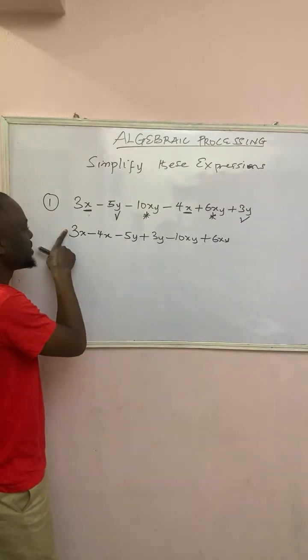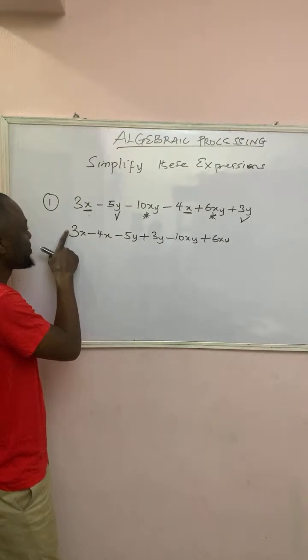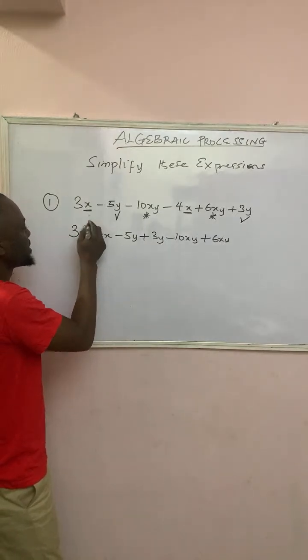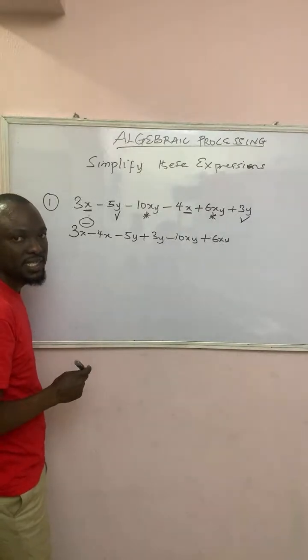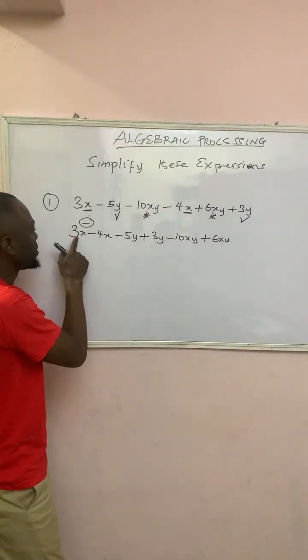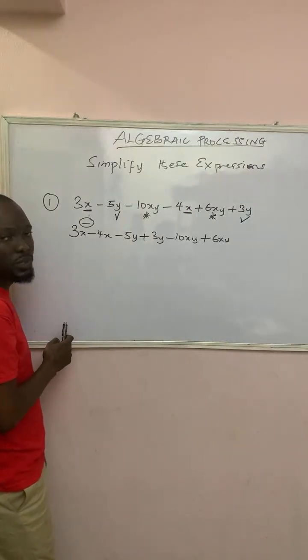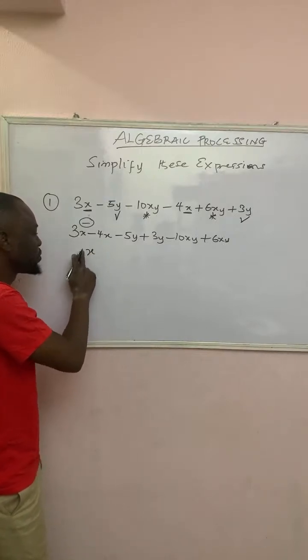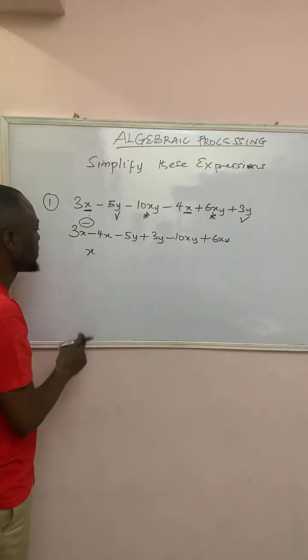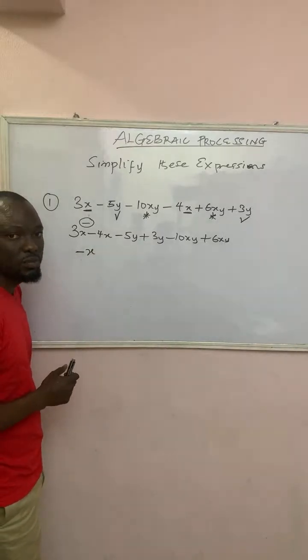Here, this is like an invisible positive sign. So you have positive, negative. It tells me the operation I'm to perform between these two is subtraction. So I'm going to do 4x minus 3x, which will give me x or 1x, but we usually don't put 1 in front of x. So then you attach negative, the sign of the bigger number, to your result.